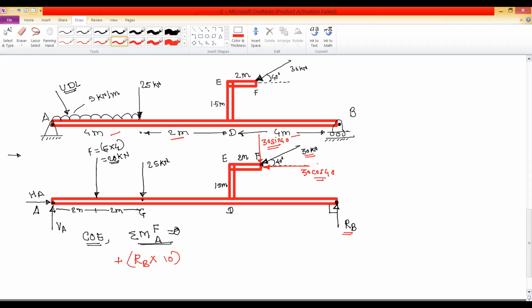Next we have to consider the 30 cos 40. That is the x component of this 30 kilonewton. So it is 30 cos 40 into, we have to find out the perpendicular distance. If we extend this line of action, this is the line which is passing through the force vector 30 cos 40.